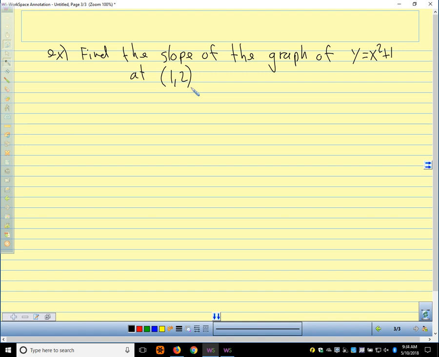And when you go further, often you'll just say, find the slope of y equals x squared plus 1. We're interested in the slope of the graph, but we just say, find the slope of y equals x squared plus 1.